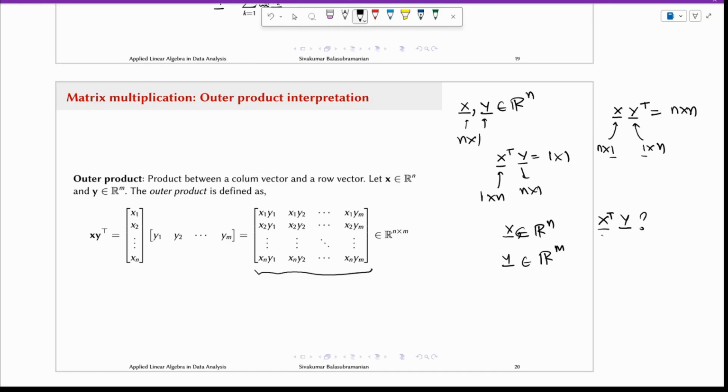No. Why? What is the shape of X transpose? Row vector. N, because X is from Rn. What about this? Not compatible. But can I do this?